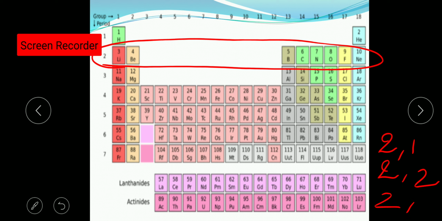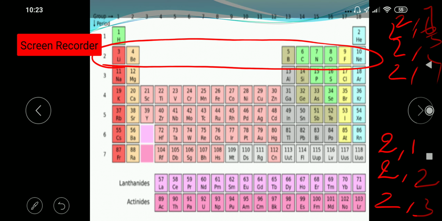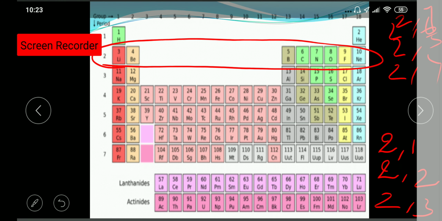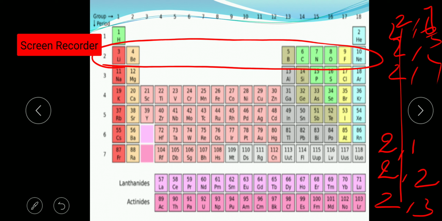Boron 2 and 3. Carbon 2 and 4. Nitrogen 2 and 5. Oxygen 2 and 6. Fluorine 2 and 7. So what do you observe? How many shells do they have? The K shell and the L shell.